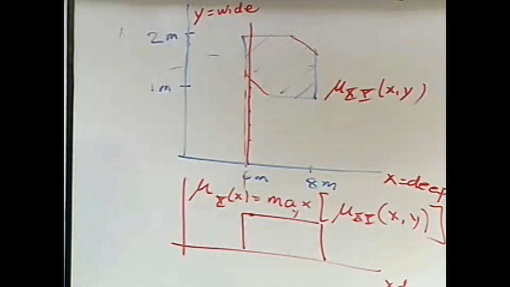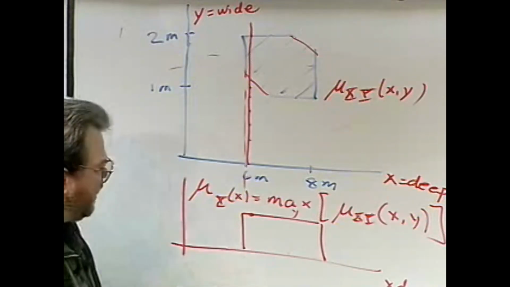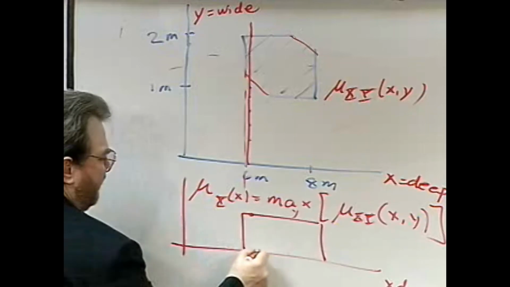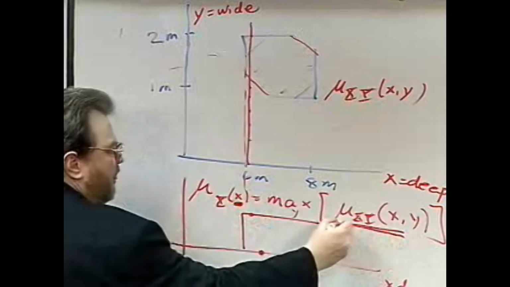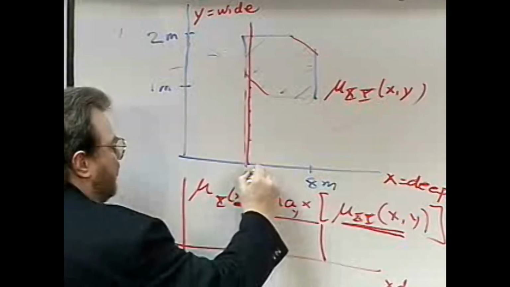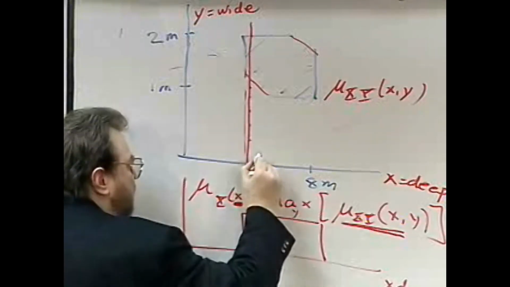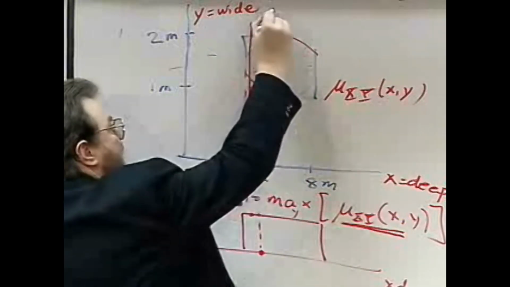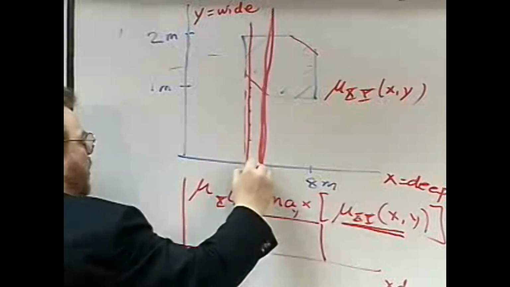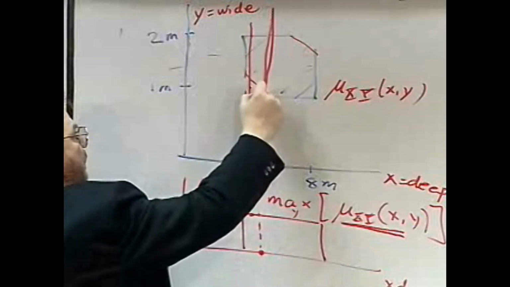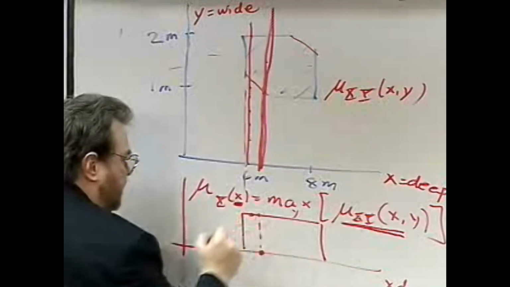So if we choose a value of x, for example this value of x here, then we have to look at this membership function over all values of y. It corresponds to the membership function over this entire range of values for y, for this specific value of x. So we march along here and we find the maximum result, and that maximum result gets translated here.